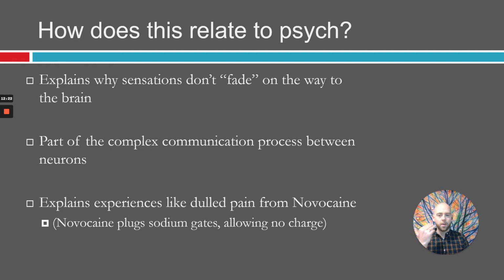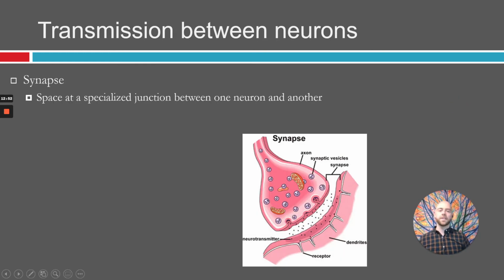That's why you get a numbing feeling, because you're no longer sensing, maybe at the dentist if you have Novocaine, input from those sensory neurons. It's because that Novocaine is plugging up those sodium gates and it's not allowing that charge within those neurons to change. So they can't send any information, so you can't feel pain, and you can't send information to move with those motor neurons in that area. So hopefully that gives you an idea of how some of this electrochemical stuff relates to what we're talking about.